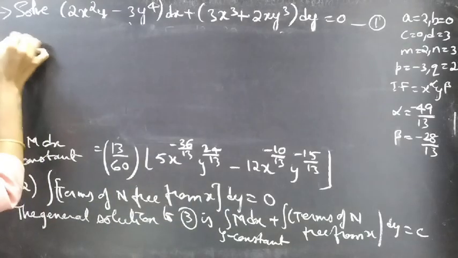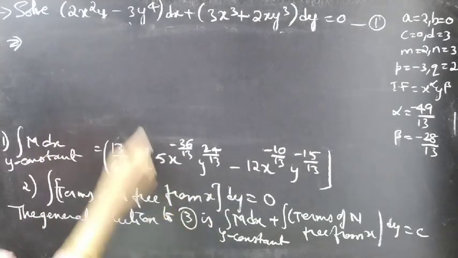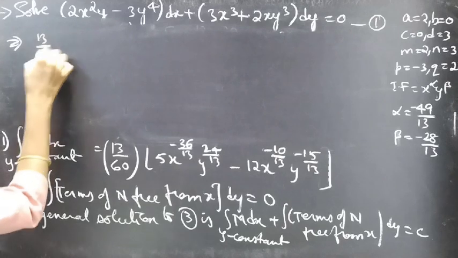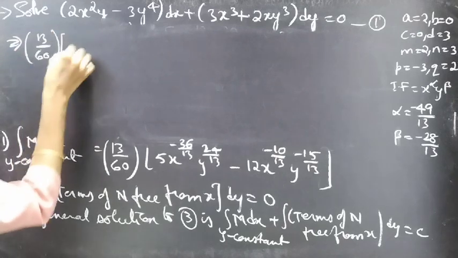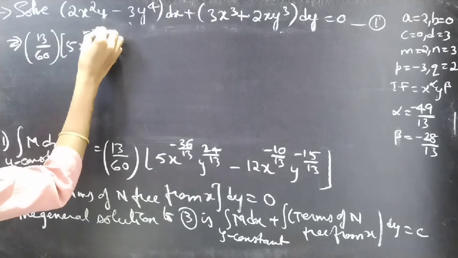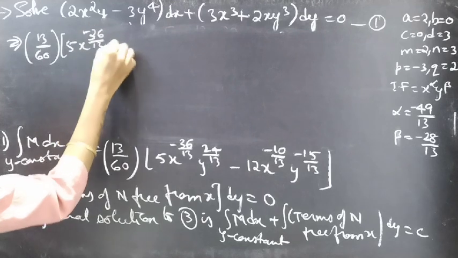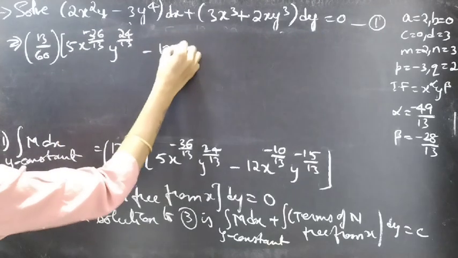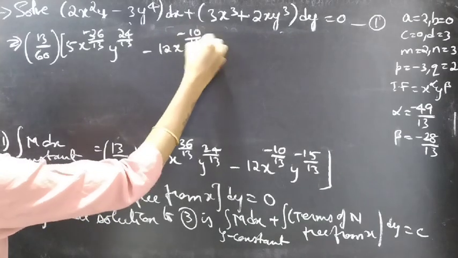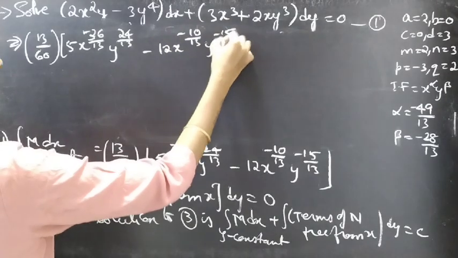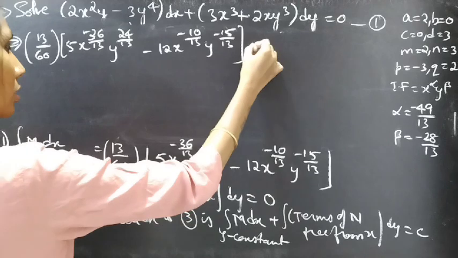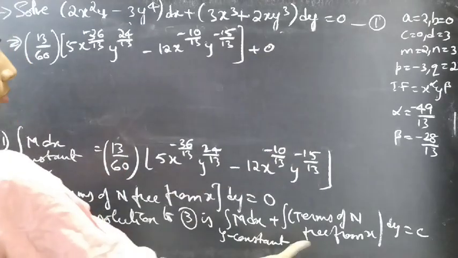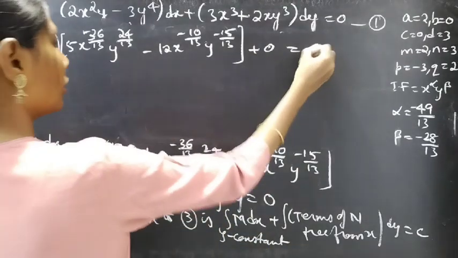From this we get the result obtained from the first integral, 13 by 60 into 5x power minus 36 by 13, y power 24 by 13, minus 12x power minus 10 by 13, y power minus 15 by 13, plus 0, since the result obtained from the second integral is 0, equal to c.